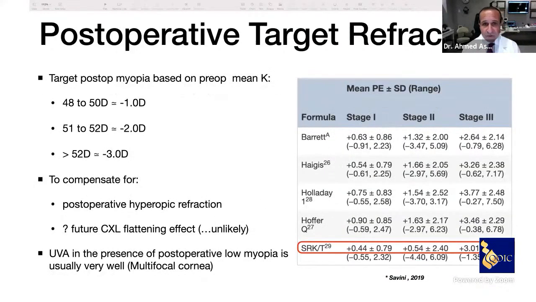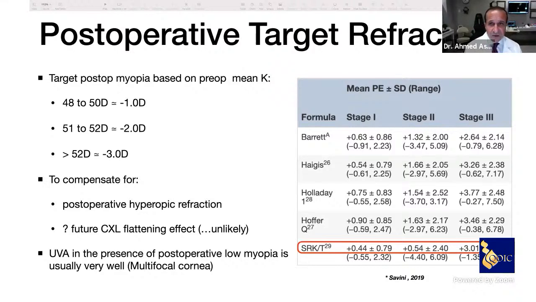However, we still have to target a low amount of myopia after the surgery. For example, this depends on the K reading. For mild cases of keratoconus, we shall target around 1 diopter of myopia. For moderate cases, we shall target around 2 diopters of myopia. And for advanced cases, like K readings of 52 or more, we shall target 3 diopters of myopia or more.